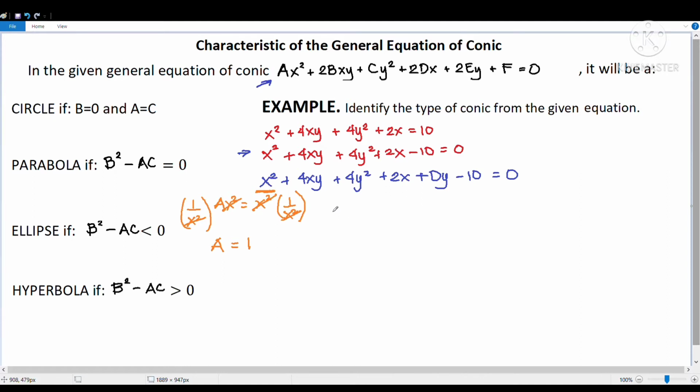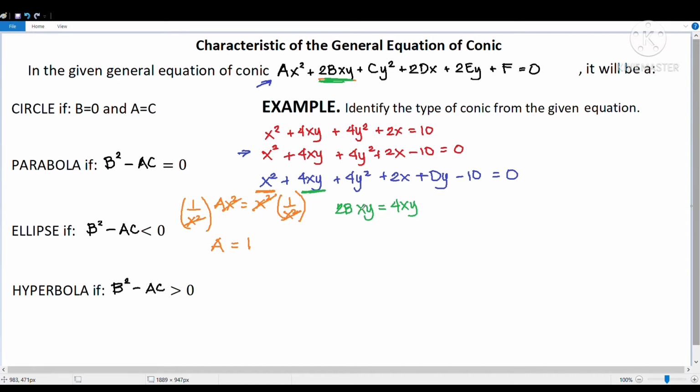For the value of b, we have 2bxy. 2bxy equal to our xy term here, which is 4xy. Solve for the value of b.